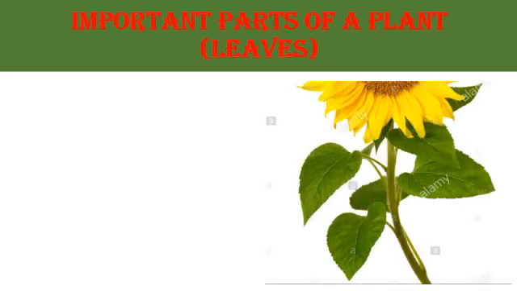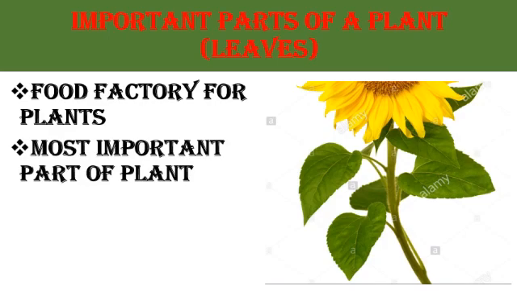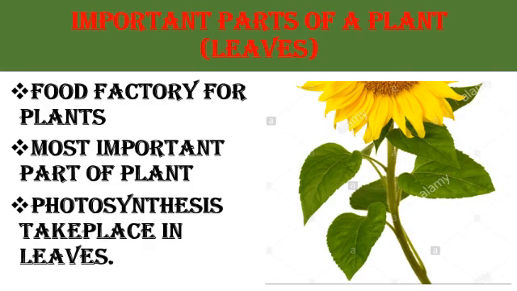Now students, let's discuss another part of a plant, that are leaves. You can see here sunflower plant leaves. Leaves are food factory for plants. They are most important part of a plant.